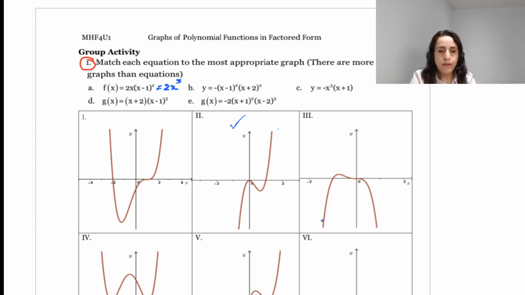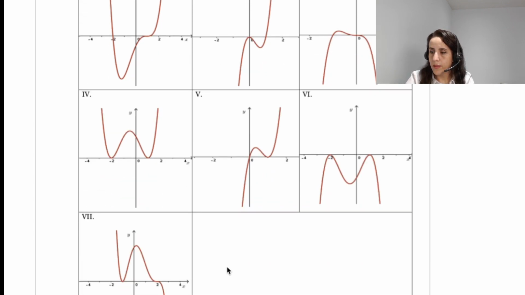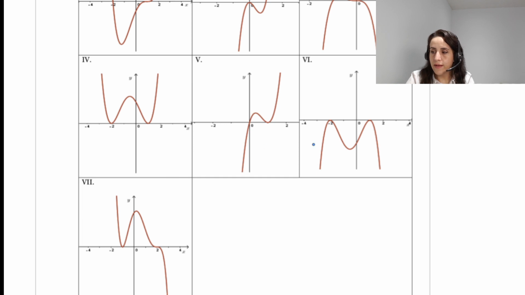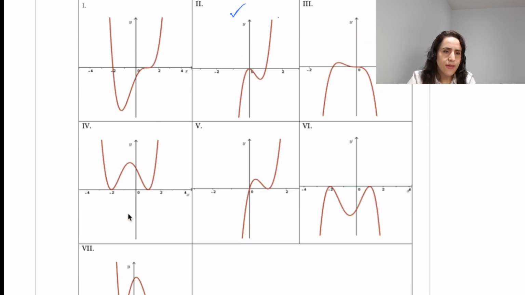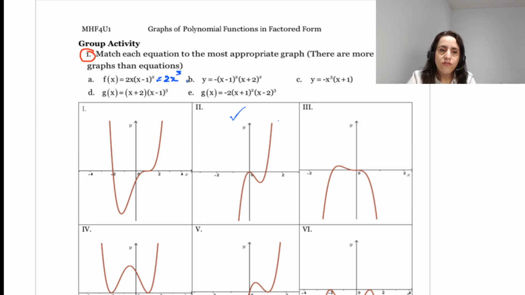Here, shape 3, both hands are in the same direction. And as you see here and here, these two are also in the same direction, so they are even degree, and also this one. For this one, I have degree 3 with x-intercepts: x equals 0 in order 1, and x equals 1 in order 2.